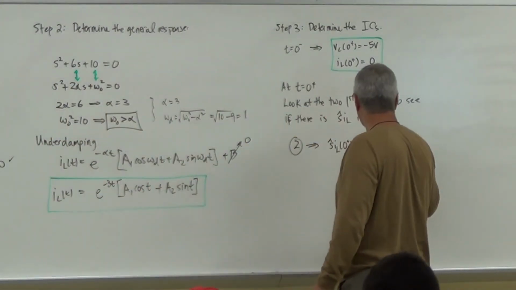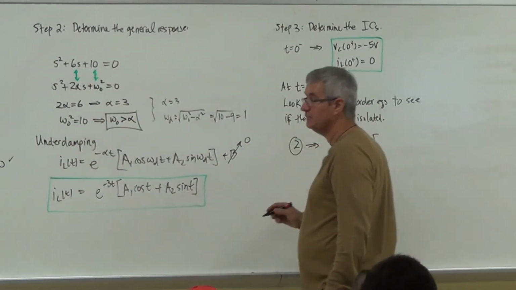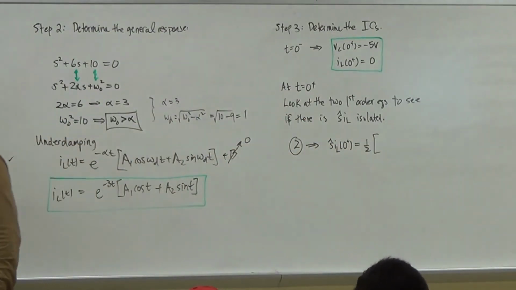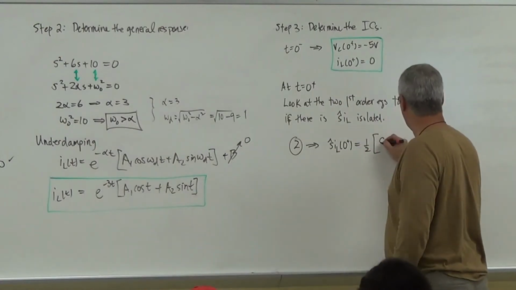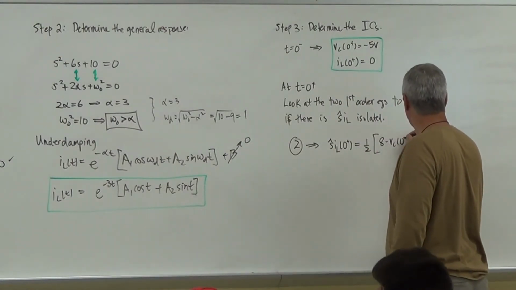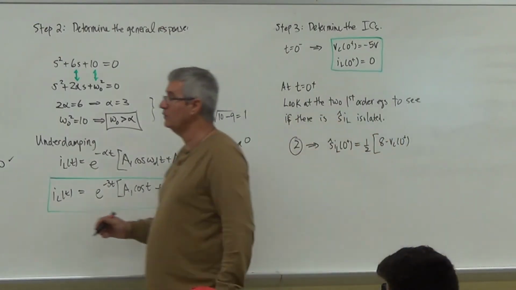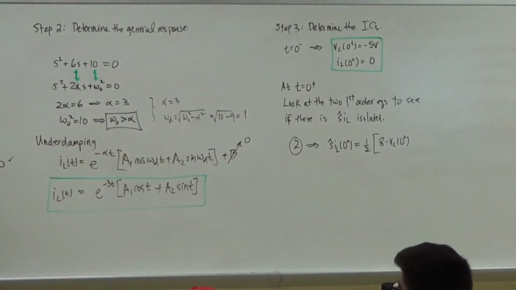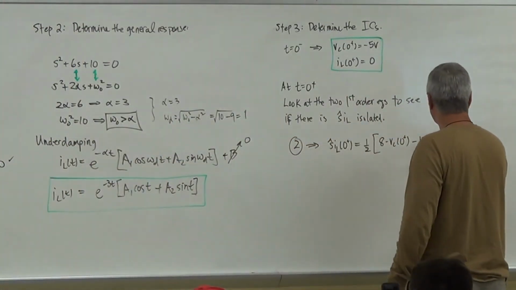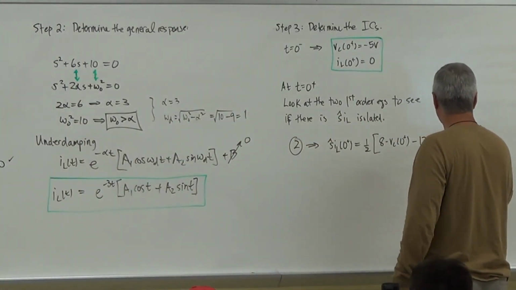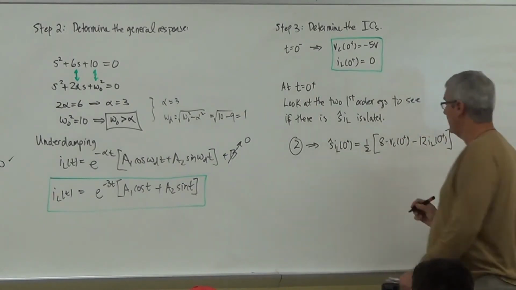I got to divide by 2 for the whole expression. So I have 8 minus VC. Now I've got to deal with that inductor term. So I got 12 times IL, and I bring that over, which will be minus 12 IL of 0 plus. And that looks like this.